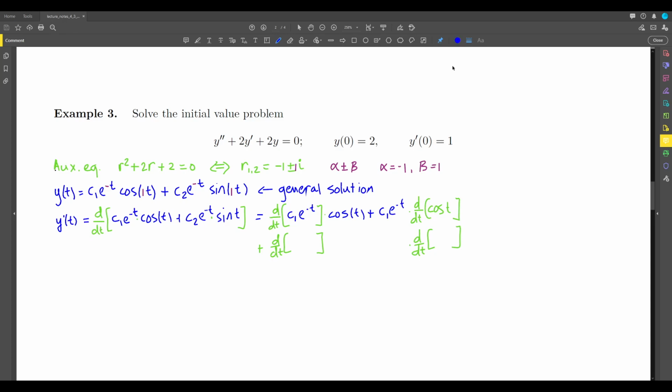And then we plug in the second part, c2 e to the power negative t times sine of t plus c2 e to the power negative t, and then the derivative of sine of t.